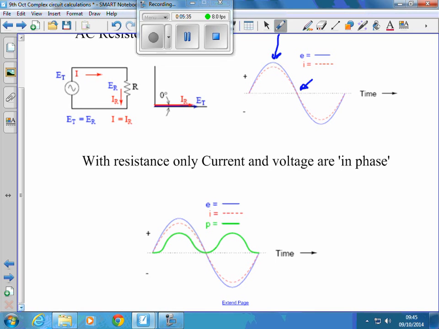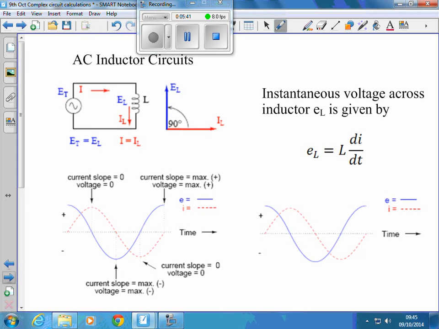Alright? The complication comes when we add some kind of reactive component to the circuit. Inductor. Okay? The instantaneous voltage across an inductor, EL, is given by EL equals L, the inductance in henries, multiplied by di by dt.